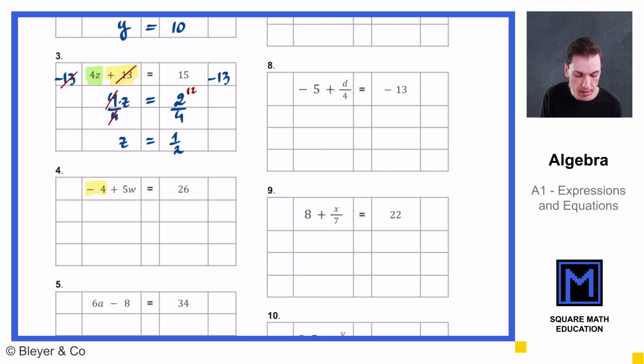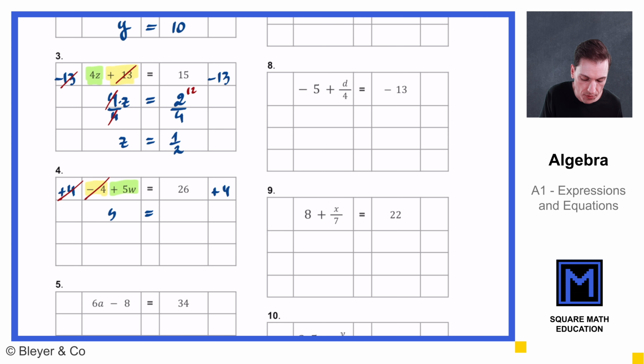We have now here -4, or subtracting 4, and then we have the next term that's 5w. We're going to undo the addition or subtraction, so we're going to add 4 on both sides of my equation. Adding 4, subtracting 4 becomes 0, cancel out.